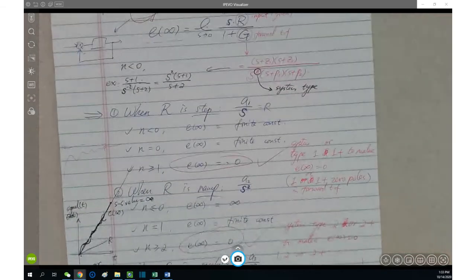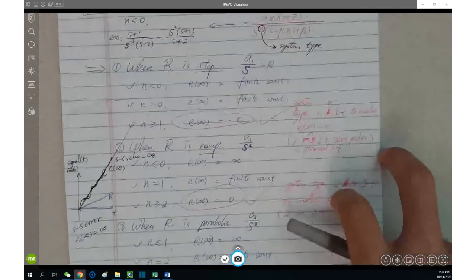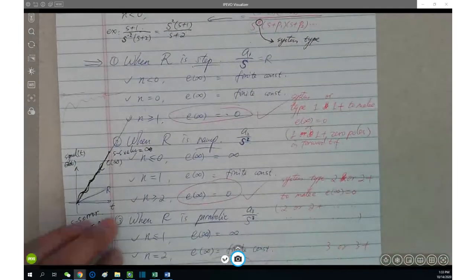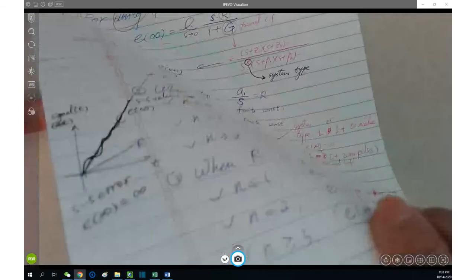So this is what the summary is for, saving a lot of time. Let's apply them onto some examples.